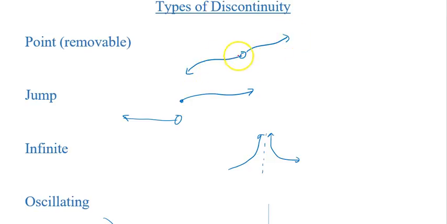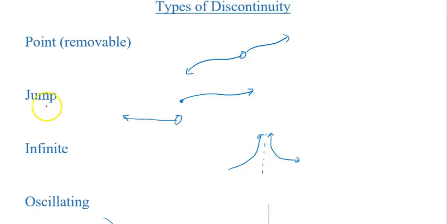If you were tracing it, you would have to pick up your pencil to get to the other side. So again, instead of calling it a hole, now we are going to call it point discontinuity or removable discontinuity. The reason it's called removable discontinuity is because you could technically take whatever this function is and create a piecewise function and fill the hole with something using a piecewise function.